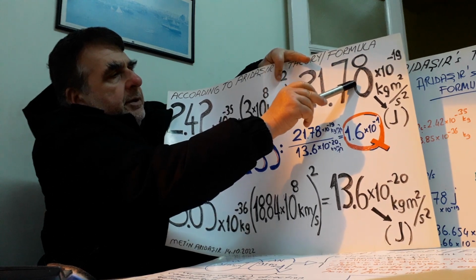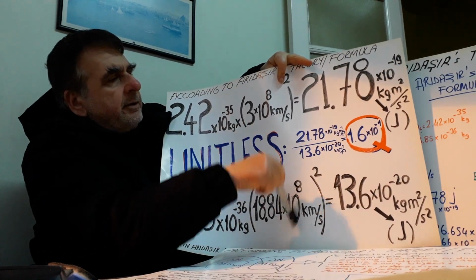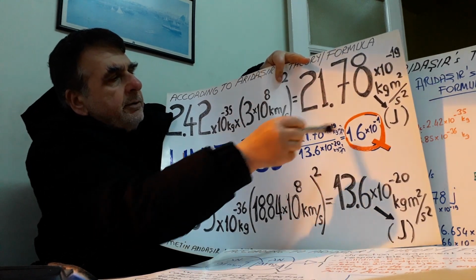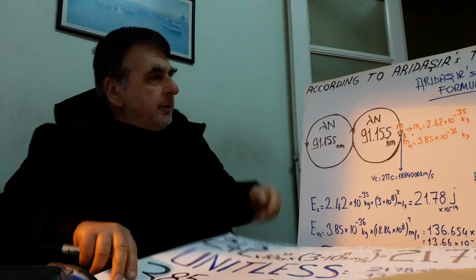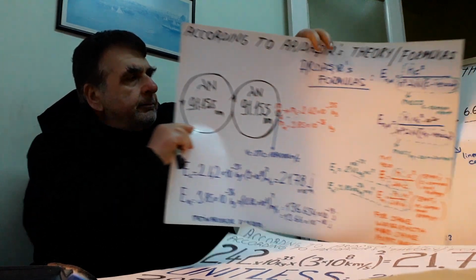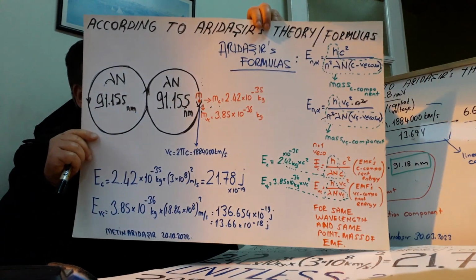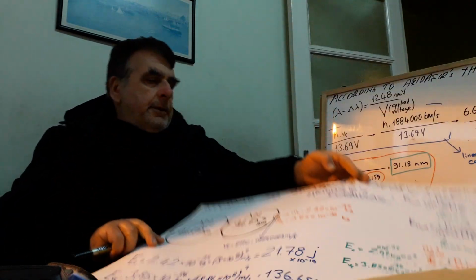The ratio between C direction energy and linear velocity direction energy is that. Okay? Yes. I hope you see. I advise you to watch my former videos.